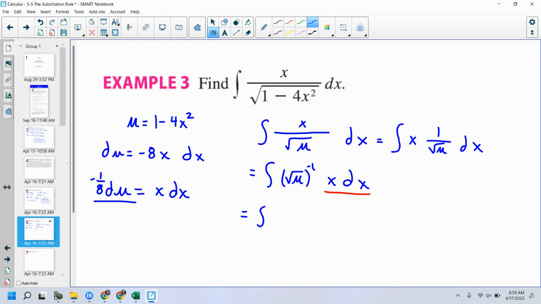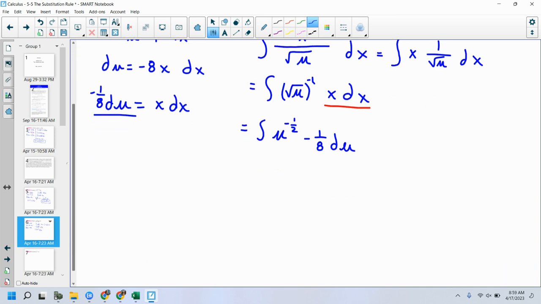And now I can plug in -1/8 du. So that is equivalent to the integral of u to the -1/2, -1/8 du. Now let's find the antiderivative.